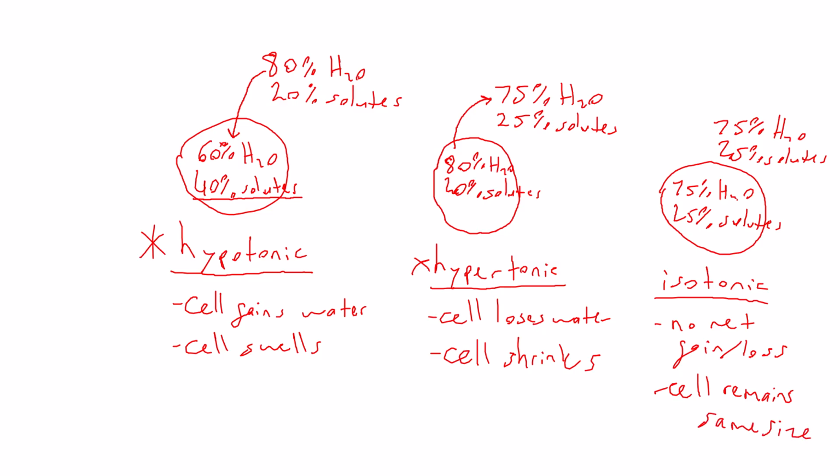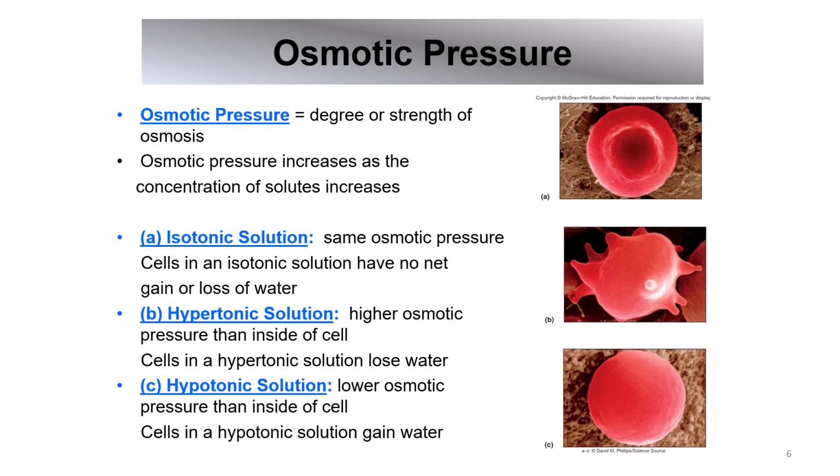By the way, with the hypotonic and the hypertonic, this movement of water is going to continue until the numbers on the outside equal the numbers on the inside, until equilibrium is reached. Okay, so the osmotic pressure, what I was talking about, is the degree or strength of osmosis. So here, know that with the isotonic, which is what we want it to be, this is the same osmotic pressure, meaning numbers are equal.